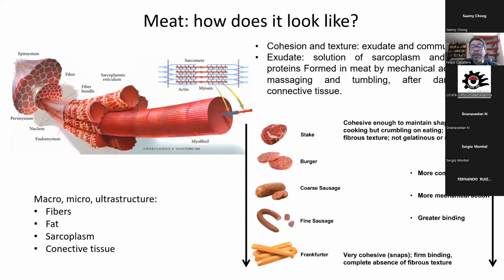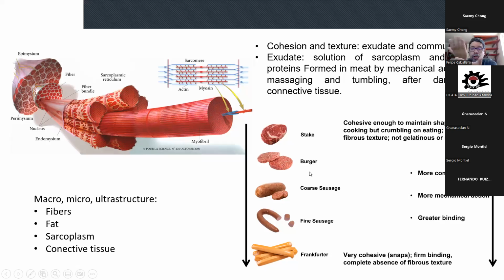You fight against the cut, and you see the fibers. But when you begin to do comminution and cutting and more mechanical action of the blades and of the mill, you get the meat that you can use for burgers or for sausages. When you increase this processing, the meat is very cohesive. The sausage you can just snap into parts, you can break it with your hands.